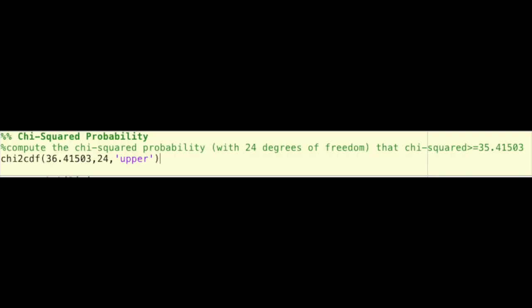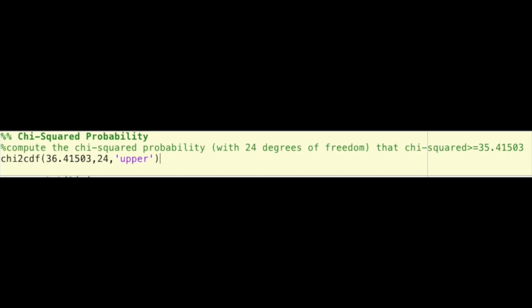Now we'll look at the chi-squared distribution. The chi-squared distribution requires two inputs in general: the random variable value followed by the one parameter of nu, the number of degrees of freedom. So in this example, we're computing the probability that the random variable is greater than 36.41503, given that there are 24 degrees of freedom.